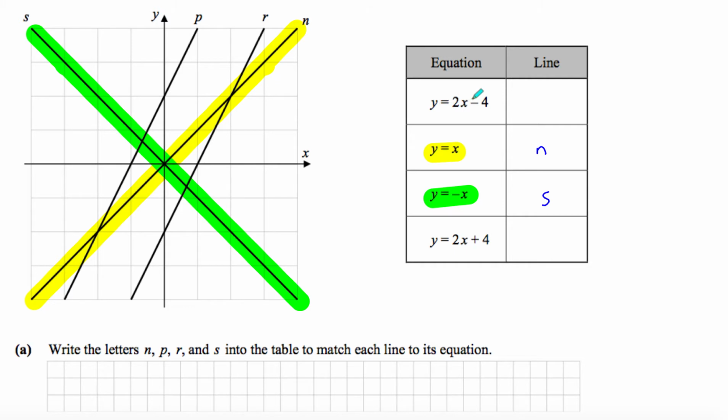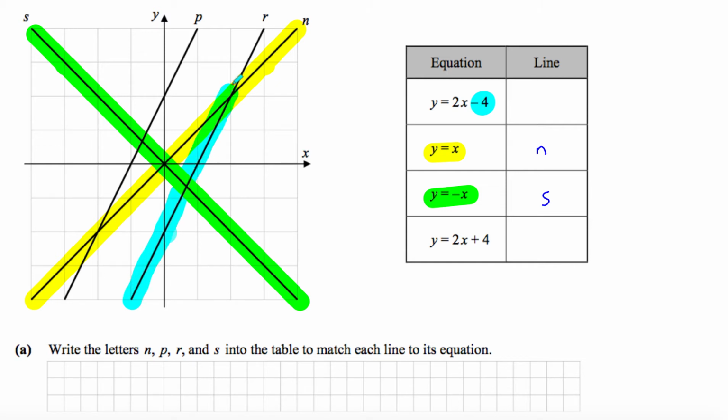Okay, now for the line y equals 2x minus 4. Now this is in the format y equals mx plus c, and c is our y-intercept. So when you just have y on the left and everything else on the right, the constant term will be the y-intercept. So this line here will cross the y-axis at a negative number. Okay, so we can see here that the line R is the only line left that crosses the y-axis at a negative number.